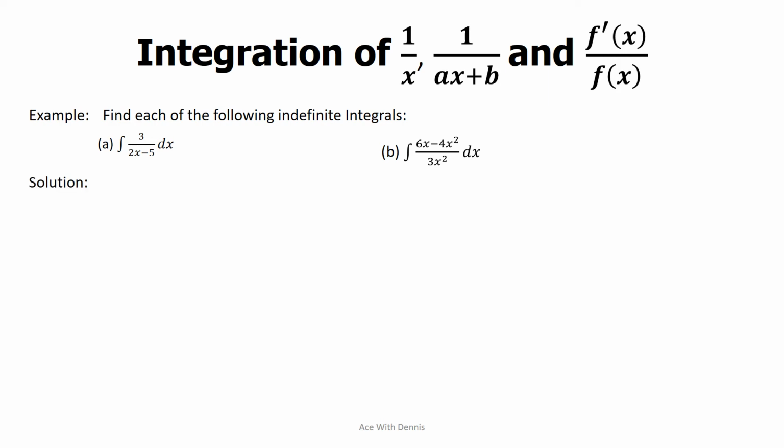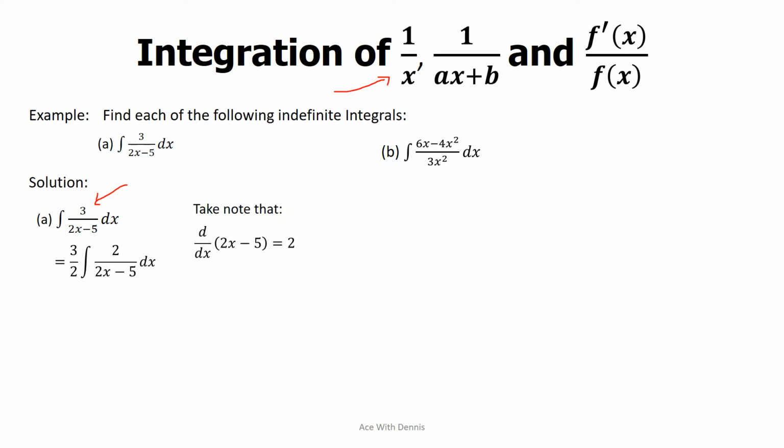So, here's the solution. For A, integration of 3 over 2x minus 5 dx. Firstly, how do I know that I need to use this technique? You have to check the expression inside the integration, it is a fraction. So, I can rewrite this integration as 3 over 2 times the integration of 2 over 2x minus 5 dx. Why is it so? Because if I differentiate 2x minus 5, it is equal to 2.